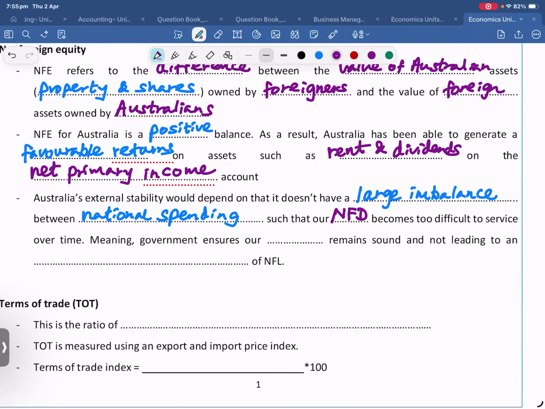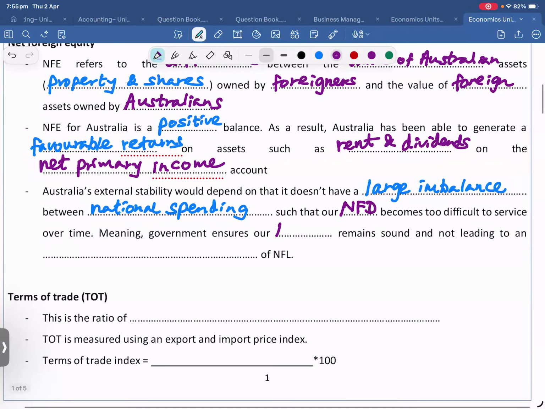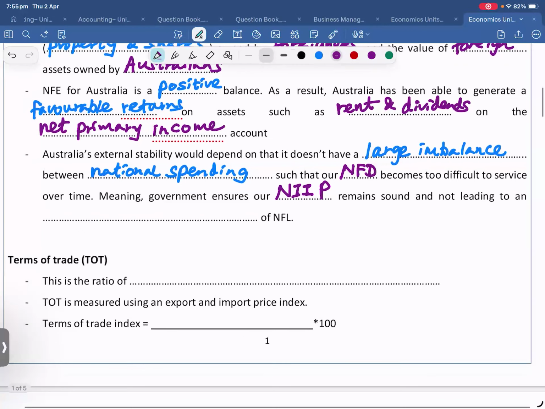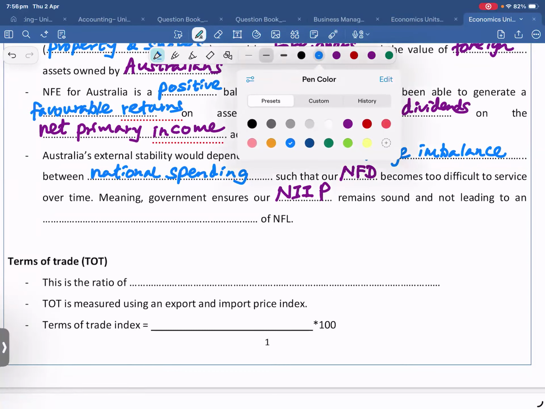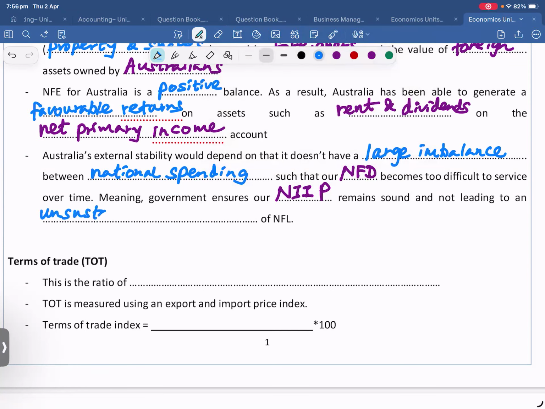Meaning, government ensures our NIIP remains sound and does not lead into an unsustainable build up of NFL.